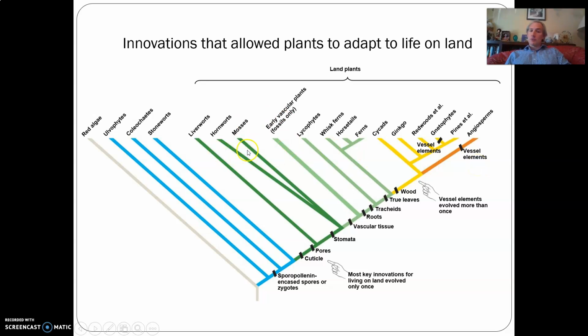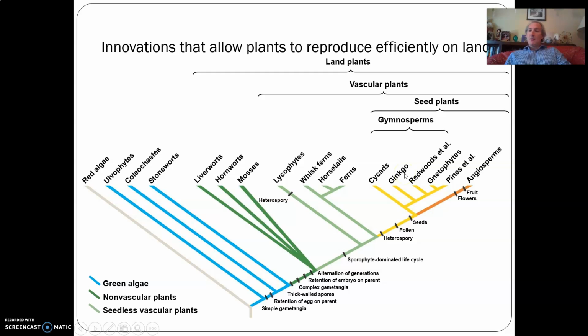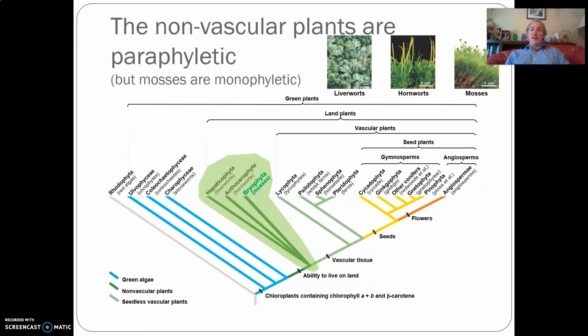But here again, you can see where mosses fit in, what they have, but what they don't have. Where the ferns fit in, they've got these things, but not these things, etc. And we also did the same thing with reproduction. A lot of complicated adaptations for reproducing on land, but we're going to do the same thing. Focus on the mosses, the ferns, the gymnosperms, and the angiosperms. So let's start with the non-vascular plants.